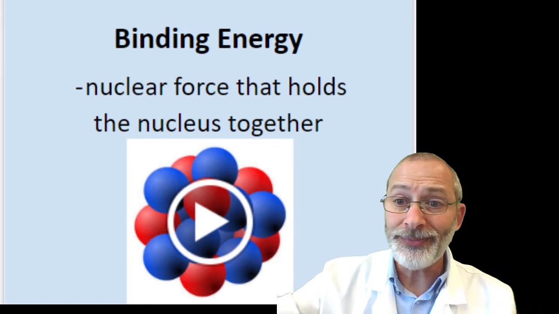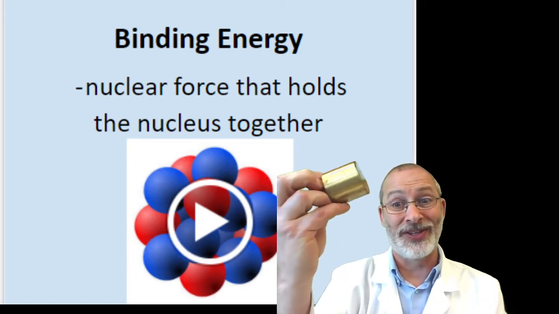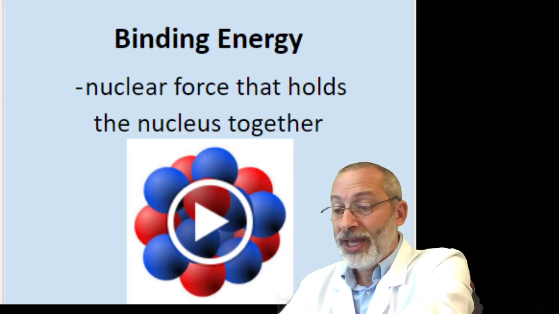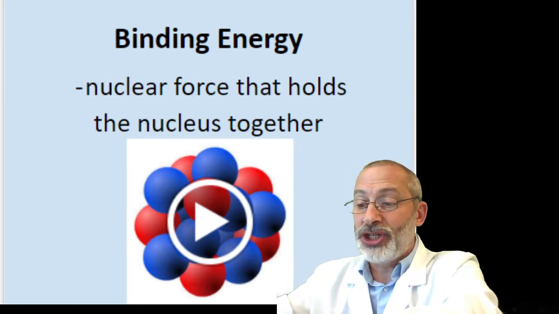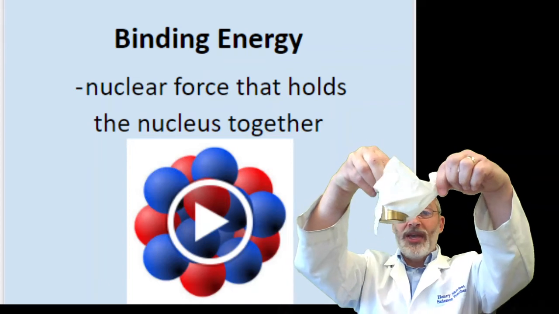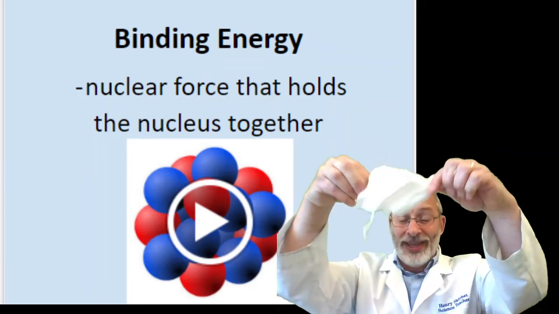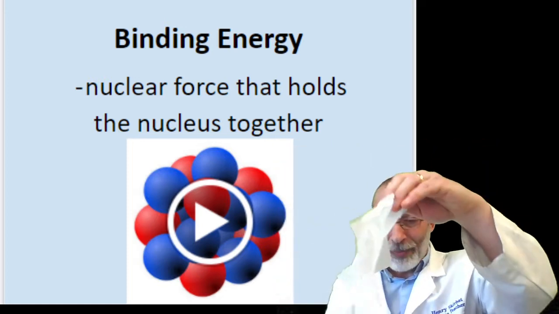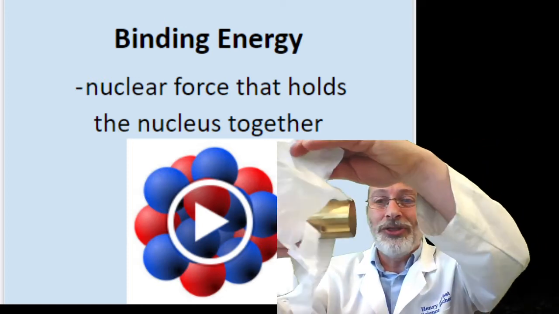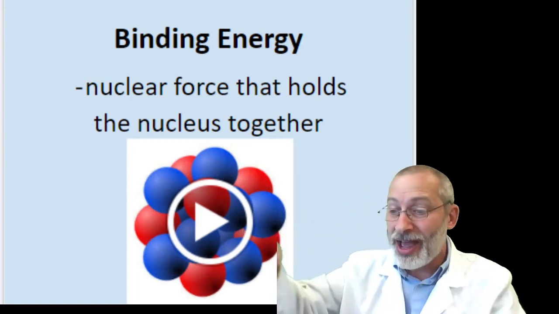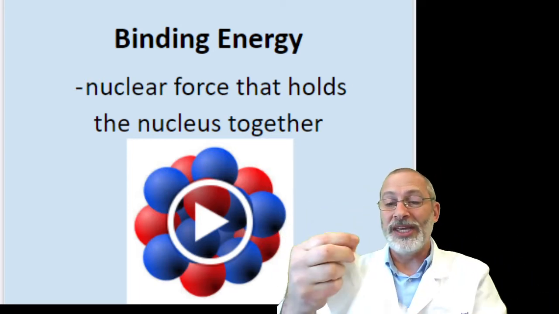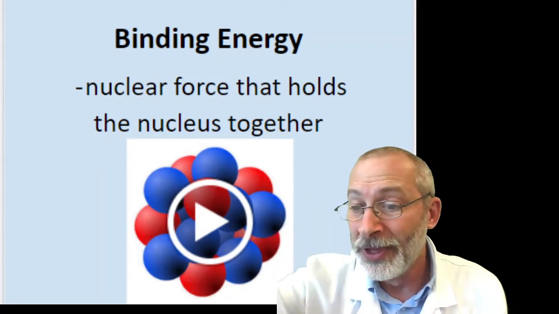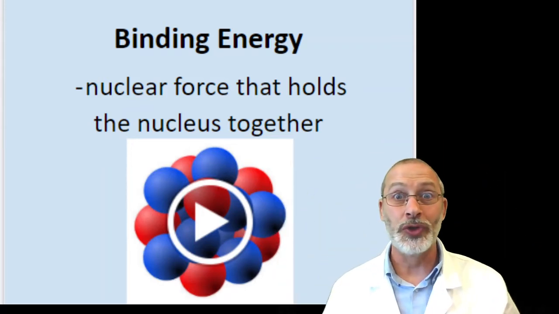Now, if I were to use a bigger brass mass like this one in the same tissue and try to lift the tissue up, you can probably guess what's going to happen. Oh, that hurt. Oh, right on my lap. That brass mass went right through the tissue and onto my lap because the binding energy wasn't strong enough because the mass of the nucleus was too great.